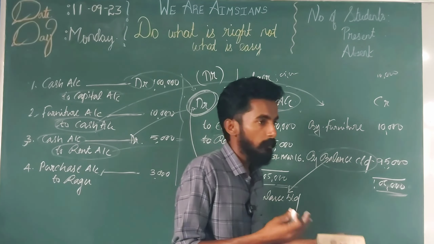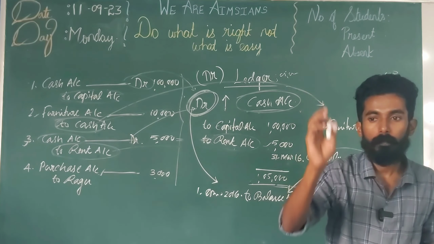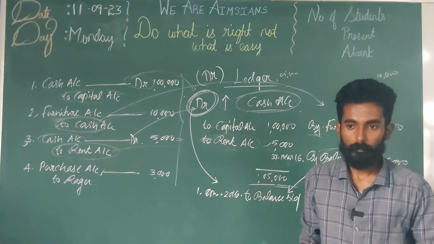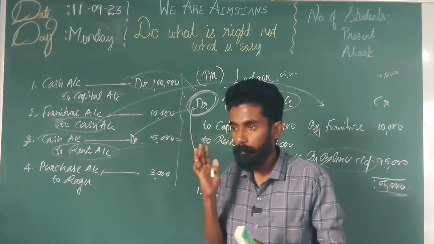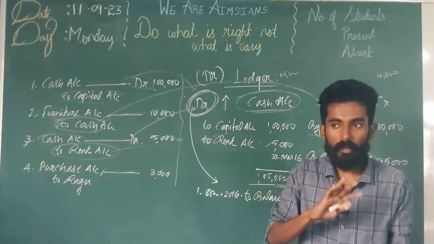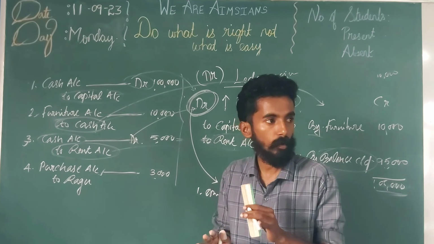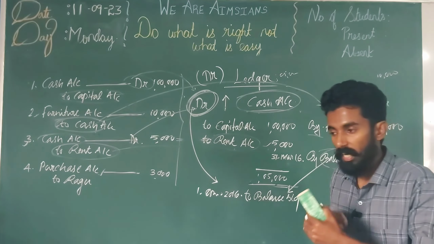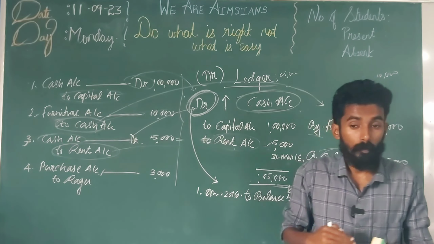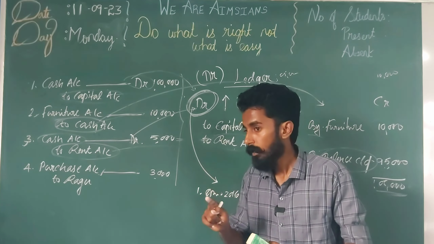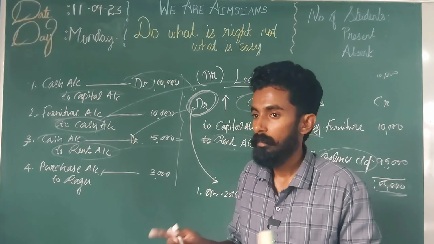For understanding I am asking, not going to write. Capital account shows which balance? Very good. Capital account shows a credit balance. So whenever you are going to write the balance brought down in the capital account, which side do you have to write? In the credit side. Is the logic clear?